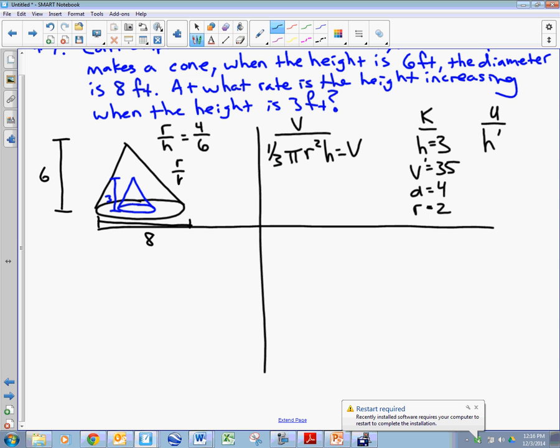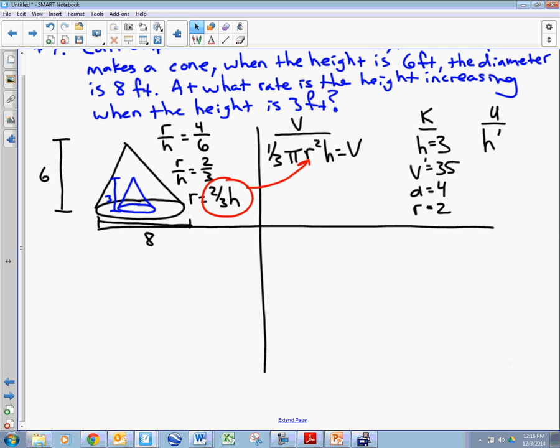Or r over h would be equal to 2 over 3. In other words, r is equal to 2/3 h. You see that? It is always equal to 2/3 h. It's proportional. Therefore, since I've written a relationship for r and h, I can then make this substitution. I can take this and put it in for r.